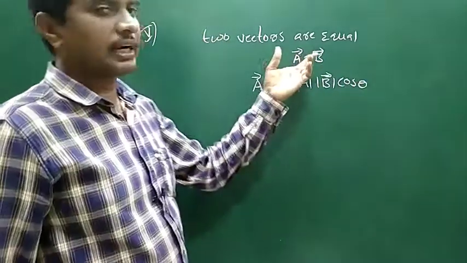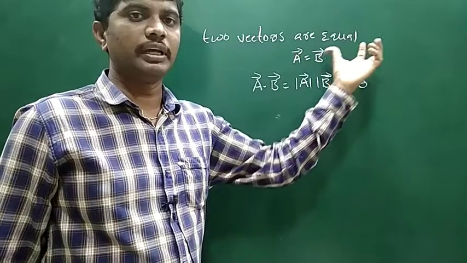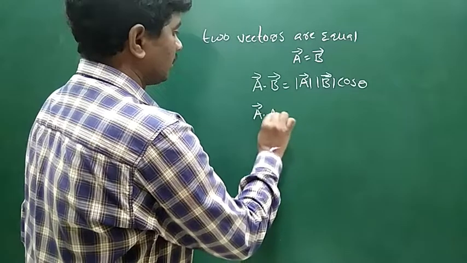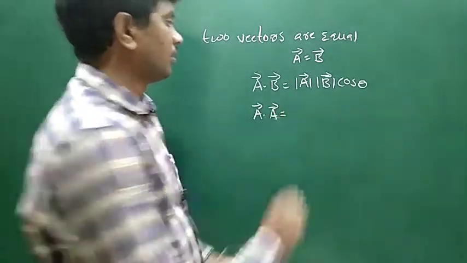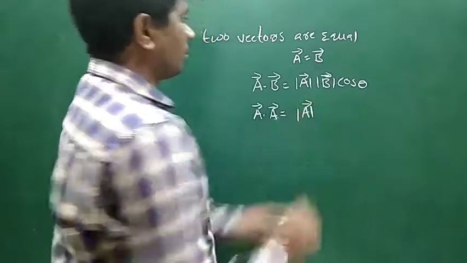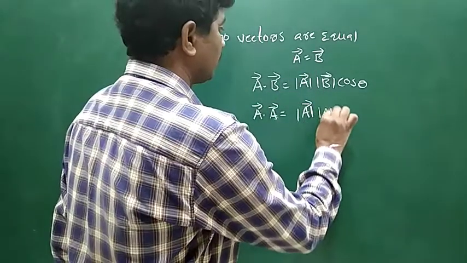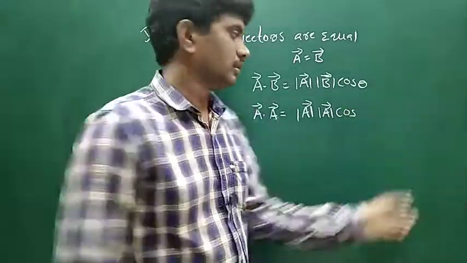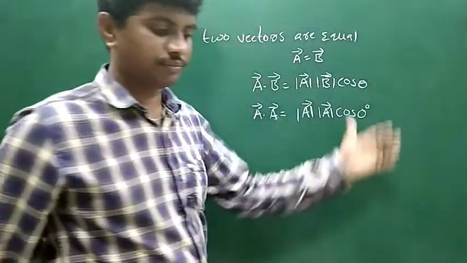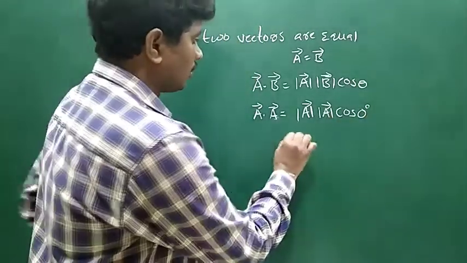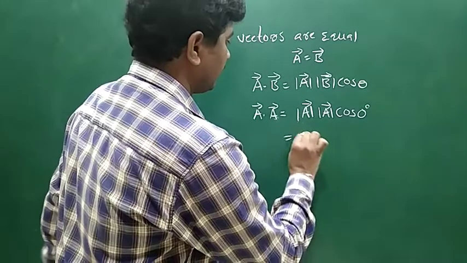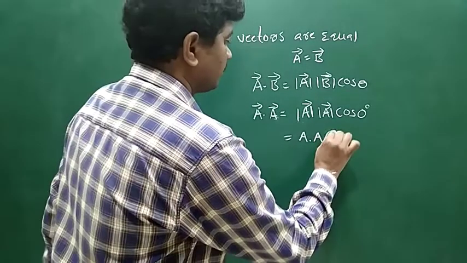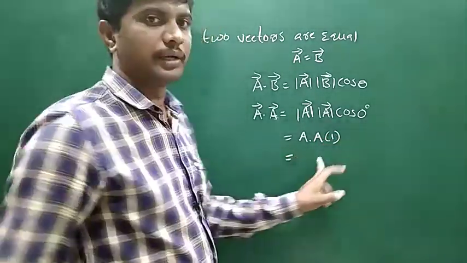But the two vectors are equal, so A equals B. Substituting, A bar dot A bar equals mod A bar mod A bar cos theta. Equal vectors are parallel, so theta is 0 degrees and cos 0 degrees equals 1. Therefore A bar dot A bar equals A times A, which is A square.